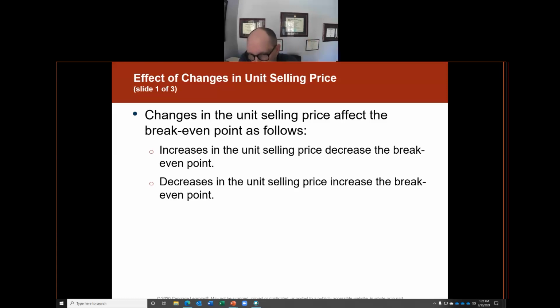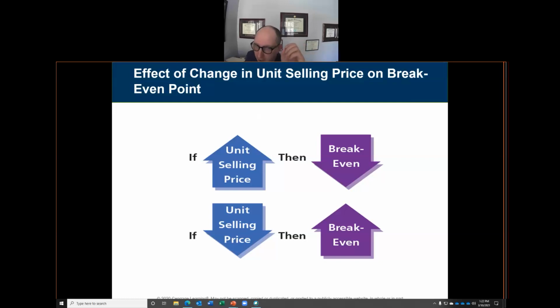If we decrease our sales price, the break even increases. So this one has an inverse relationship. Fixed cost and variable cost have the same relationship: one goes up, the other goes up. For sales price, this is the only one where the relationship is inverse. Sales price goes up, break even goes down. And the opposite is also true.